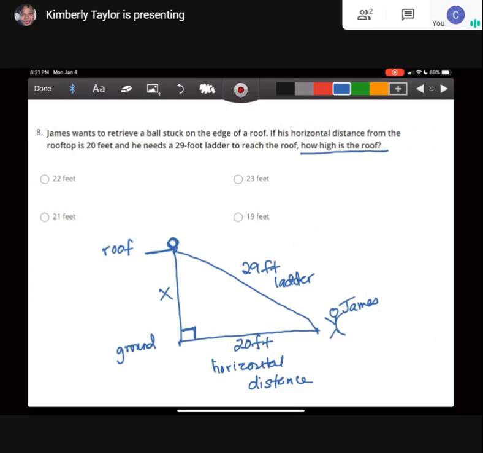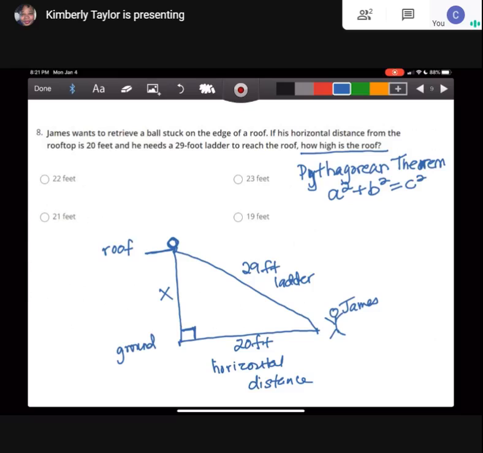So in order to do this, we're going to use the Pythagorean Theorem. If you're not familiar with it, this is how you spell it. You need to do some research on it. Pythagorean Theorem is a squared plus b squared equals c squared.